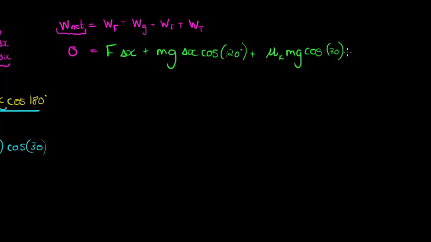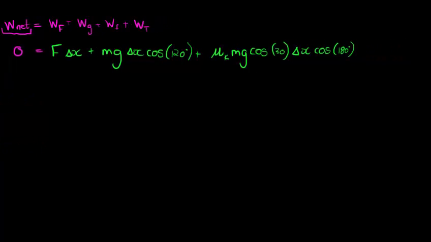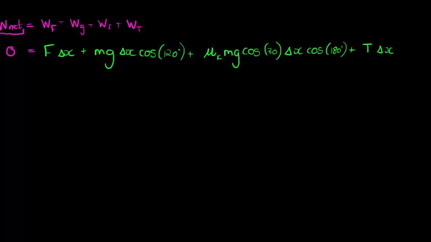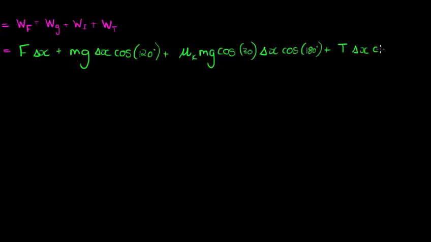But this is just friction. Now we still have to multiply by delta x and cos of 180. Are you getting this? You understand what I'm doing? Good. And then finally we have work done by the tension, which is just tension times delta x. And what's the angle between the tension and the displacement? 180. Excellent.